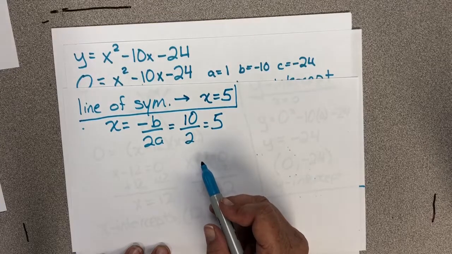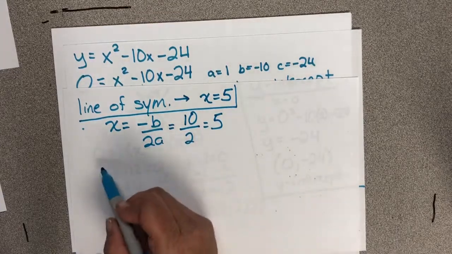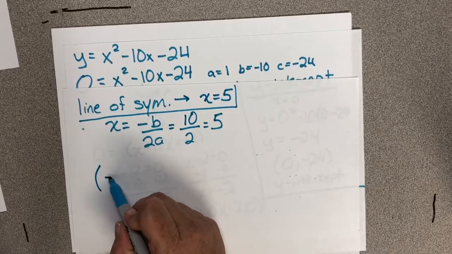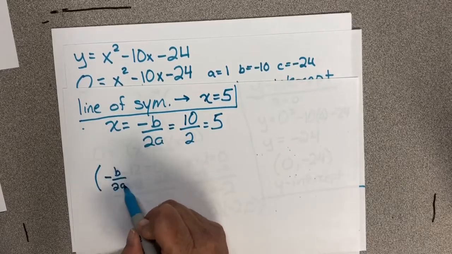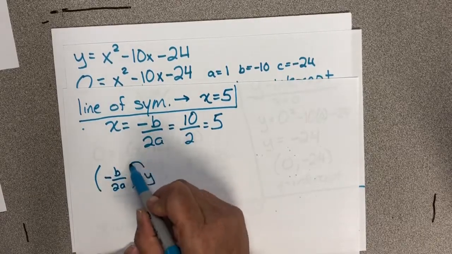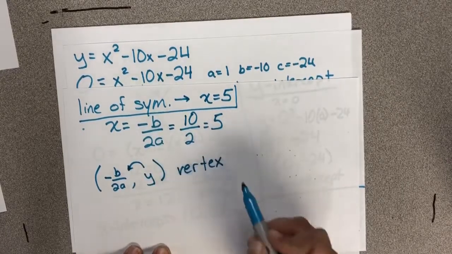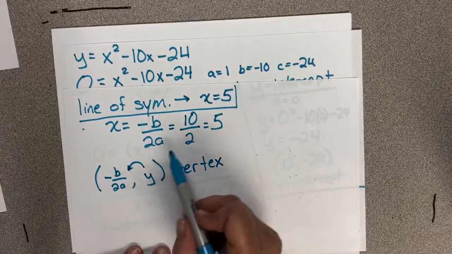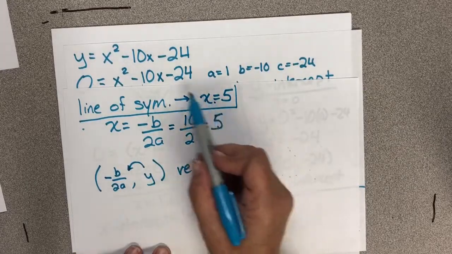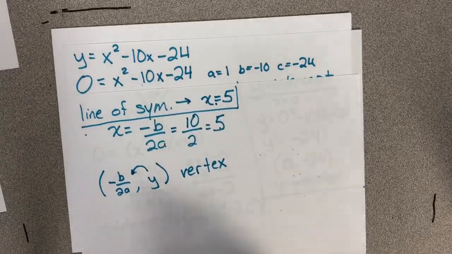The vertex. We find the vertex by using negative b over 2a and then the y value that goes with that. And that would mean what we need to do now is substitute 5 for x and find what y would be.